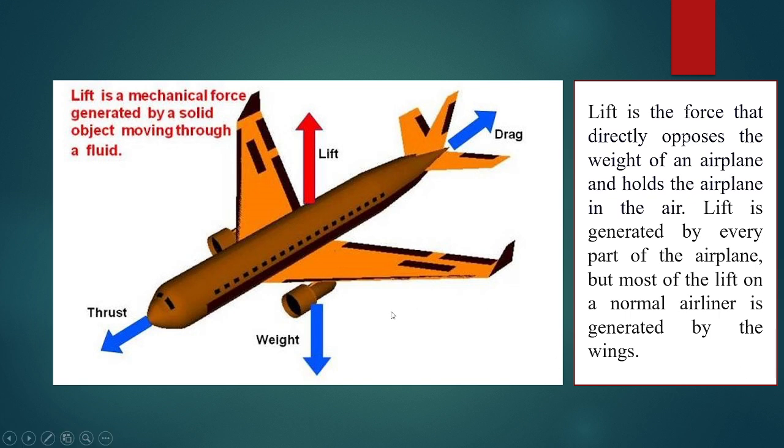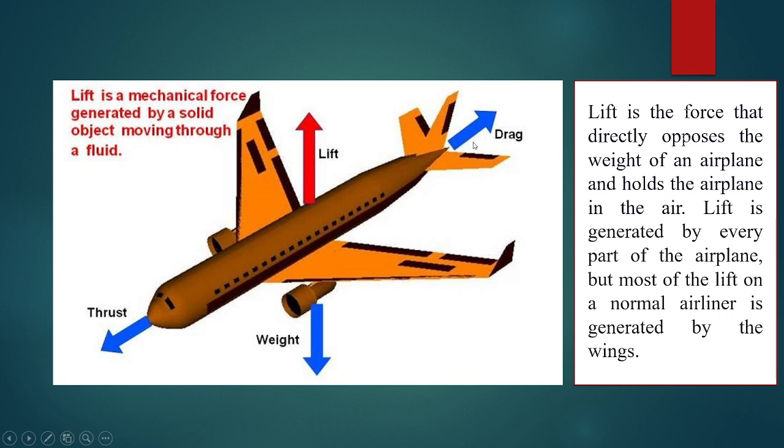Lift is equal and opposite to the weight. Weight is acting downward, but lift is acting upward. Lift is generated by every part of the aeroplane, because the weight of all the parts together gives us the weight of the entire aeroplane.